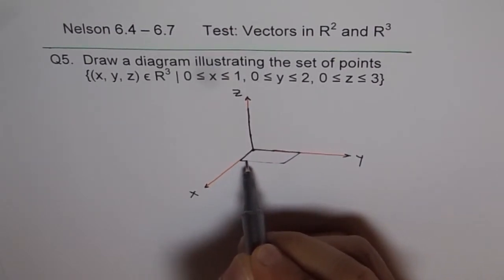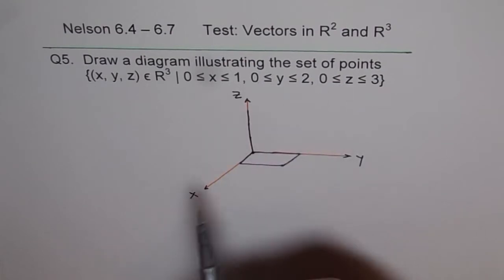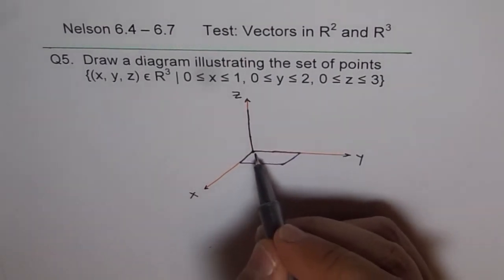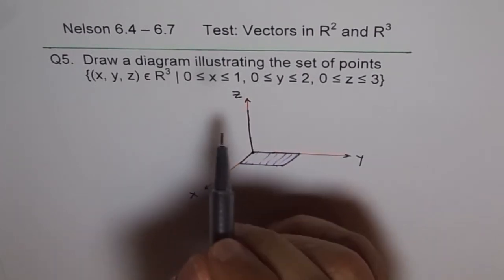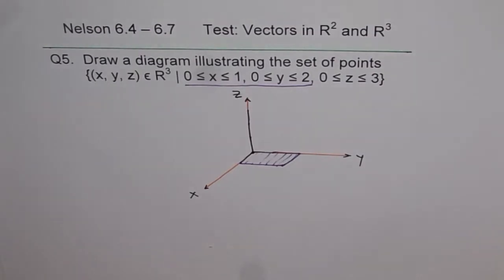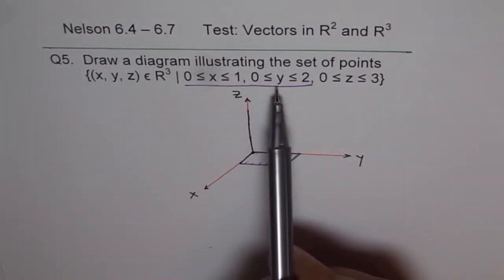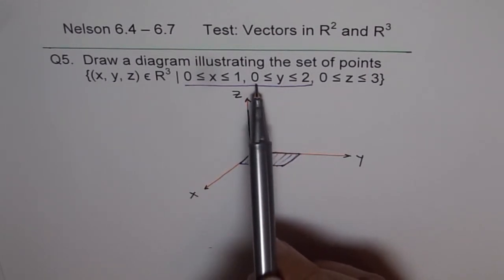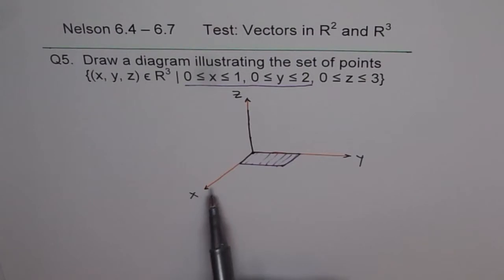The whole area in the base gets filled up if we assume z to be 0 for the time being. So we fill this up. Do you understand? x could be anything between 0 and 1 and y anything between 0 and 2. So the set of points will form a plane in xy, and that is the plane represented here.